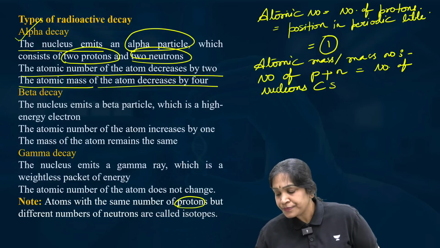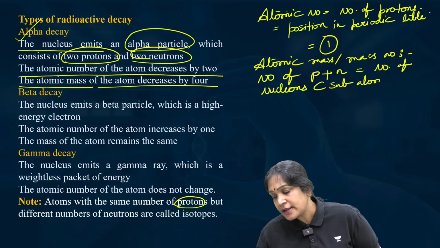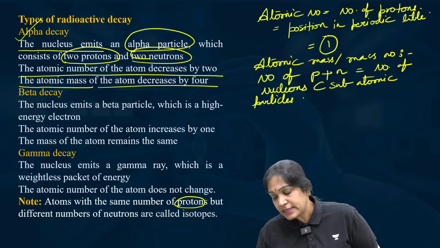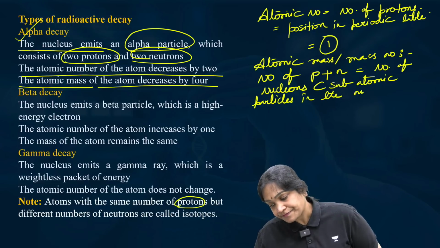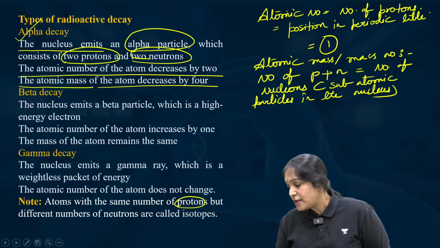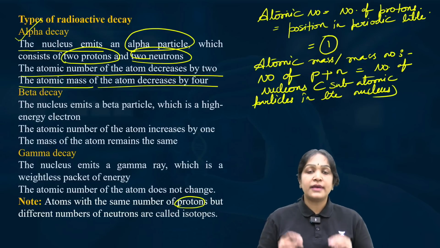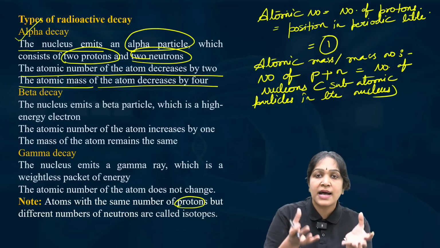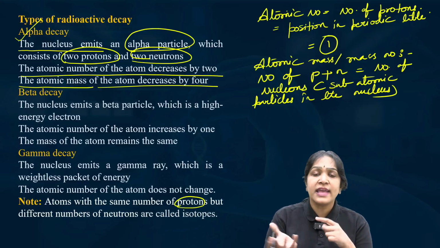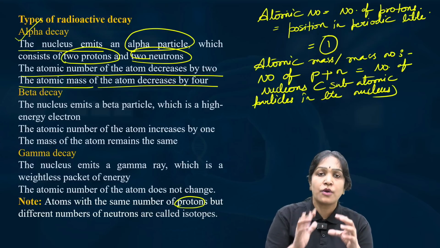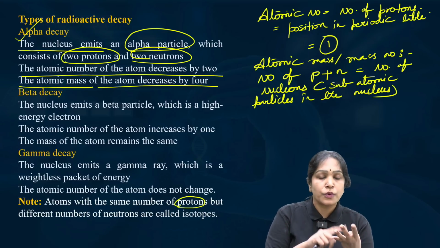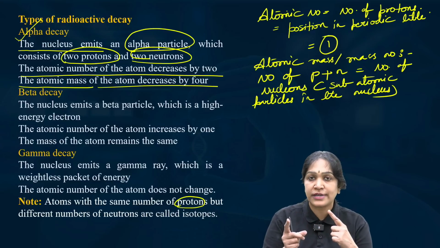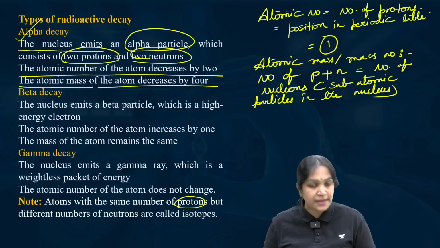Nucleons means what? The subatomic particles in the nucleus. Okay, because as you might have heard, the electrons are very lightweight. They do not contribute to the mass of an atom. What are the heavier subatomic particles? What will contribute to the mass of an atom? Protons and neutrons. So, the sum total of protons and neutrons is called atomic mass or mass number.